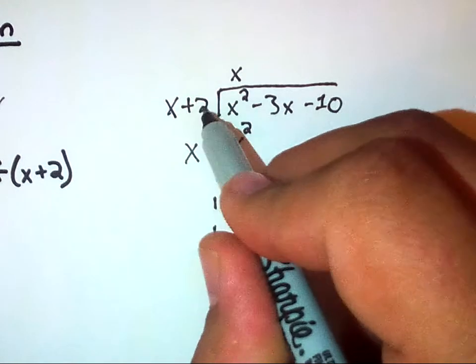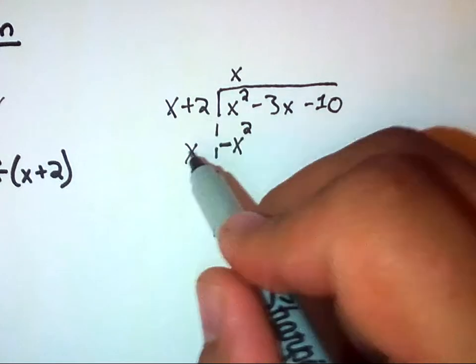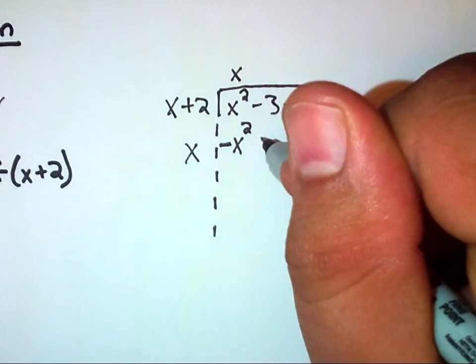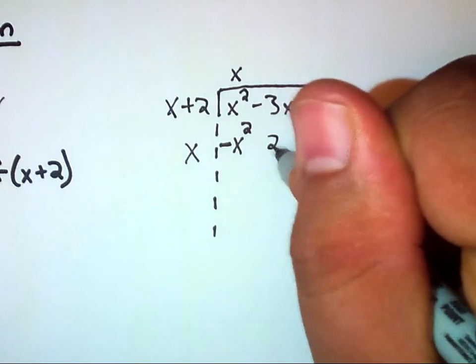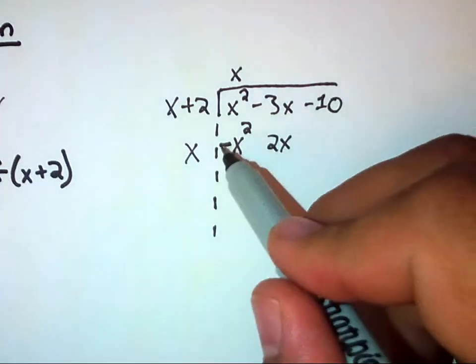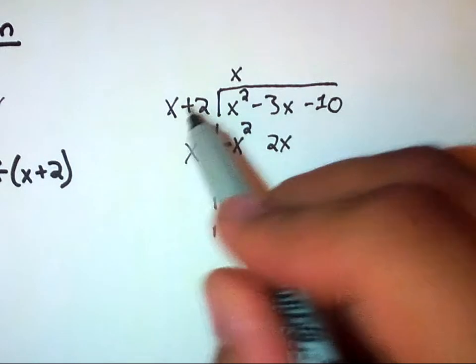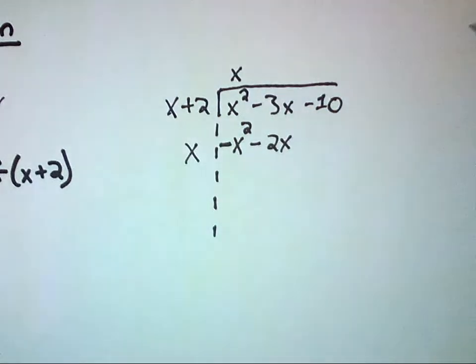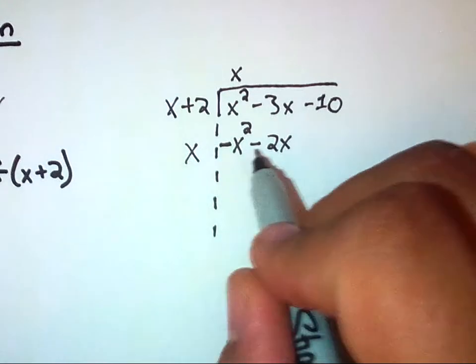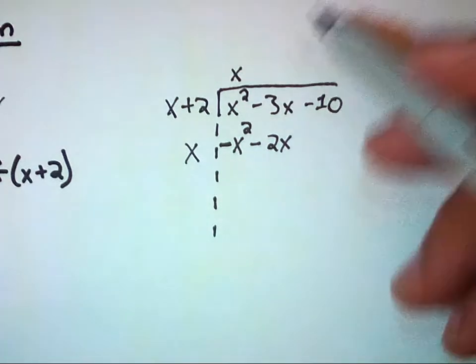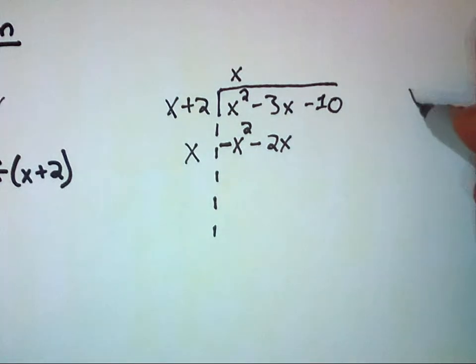Now, x times x is x squared, and then plus 2 times x is really going to be 2x. But since we're subtracting all this, this positive actually becomes negative. You could almost look at this like saying, I originally had x times x plus 2, but I'm subtracting that.